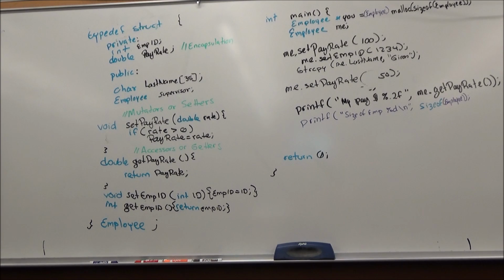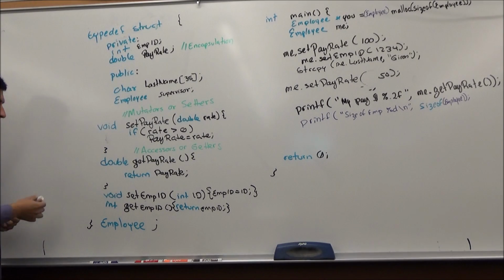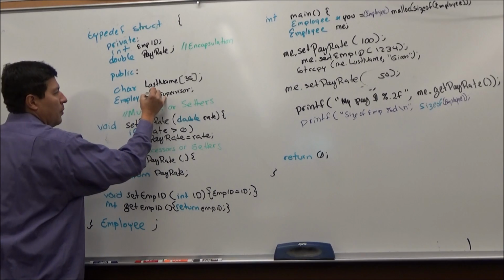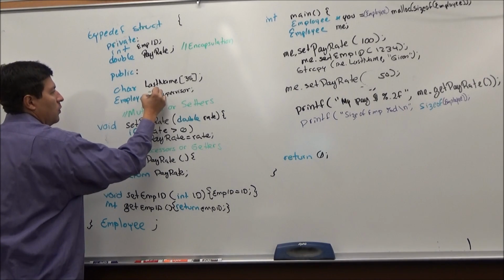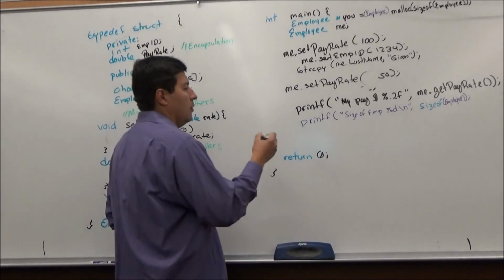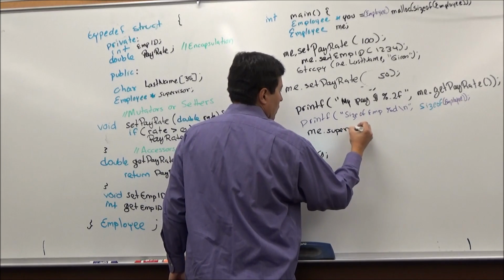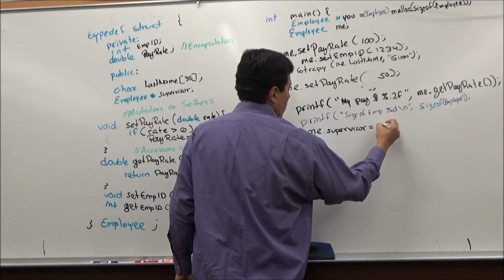But then this one will allocate the same size of memory, so that gets a little bit wasted, too much wasted memory. So what we do is we say this is a pointer, so we don't need to have 2 copies of the employee. So now I can say that my supervisor is you.